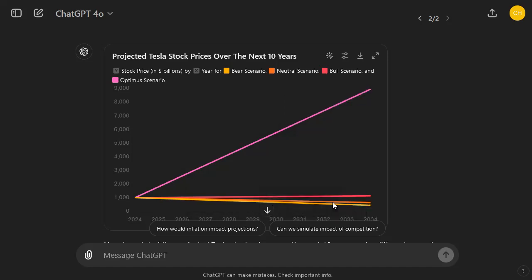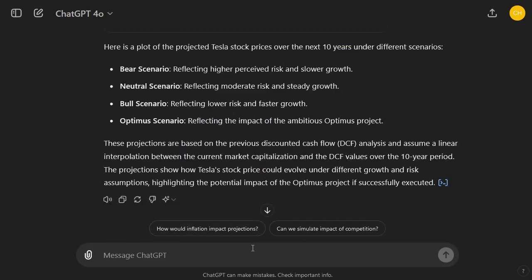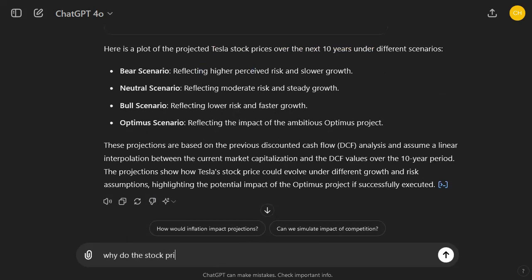Why will the stock prices reduce at this point in time for these scenarios? Reflecting higher perceived risk and slower growth. Okay, so why do the stock prices fall down over time when the company grows?